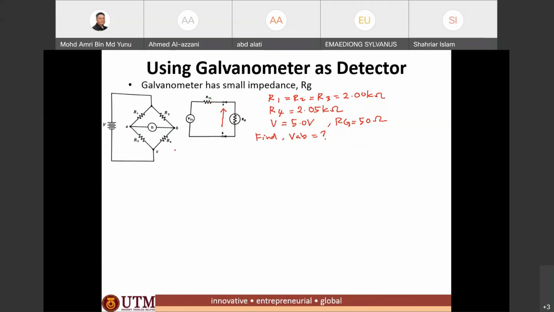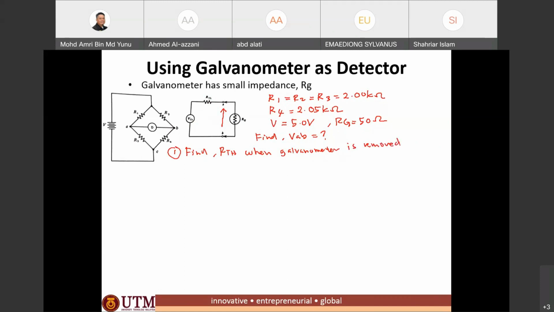So the first step is to find the RTH, or the Thevenin resistance, when the galvanometer is removed, basically.